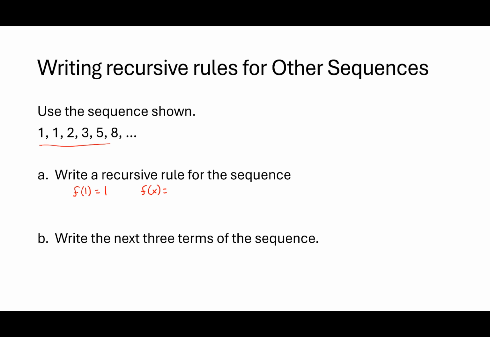Okay, so let's think about what we did to get 3. Well, first I took the number from 2 times before. So I want to figure out what was 2 times before the xth number, and then we added it to the number that came just before.